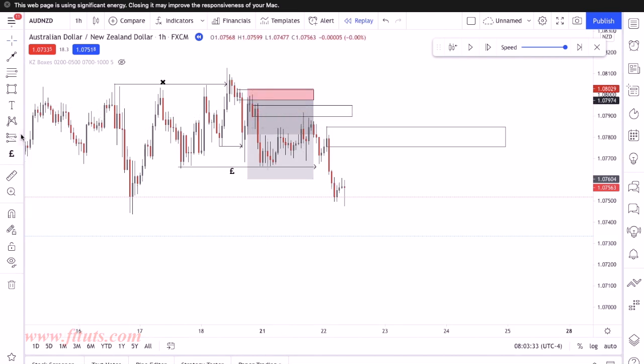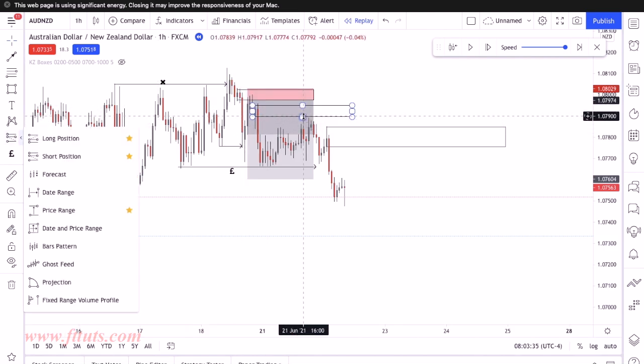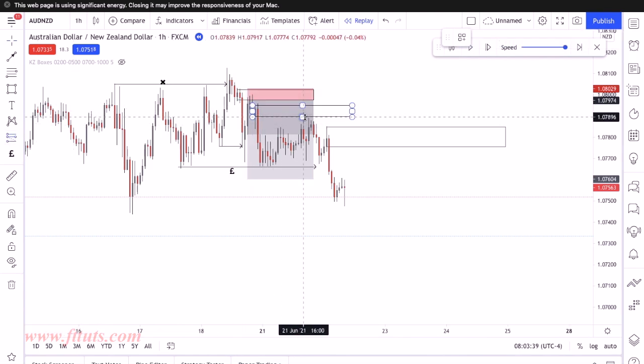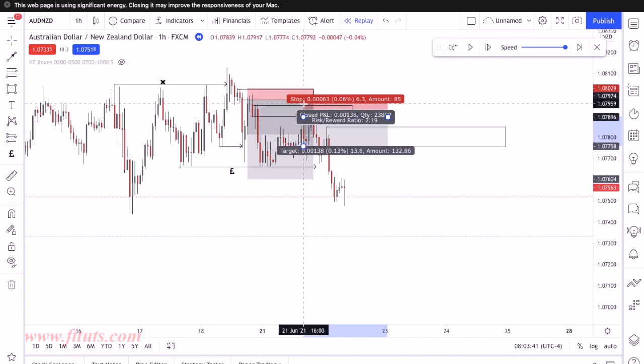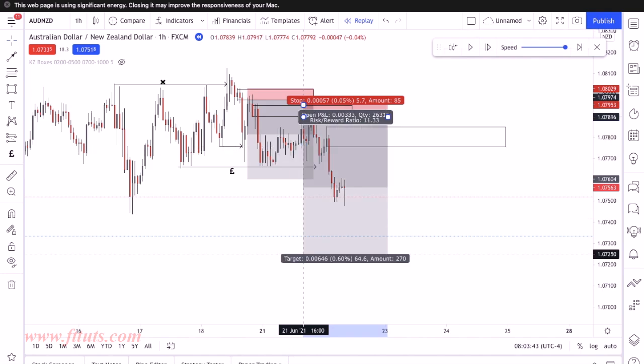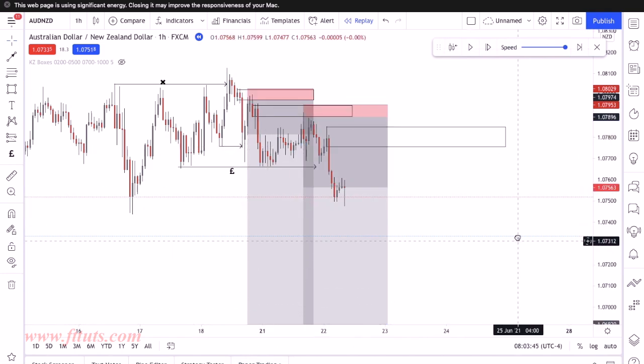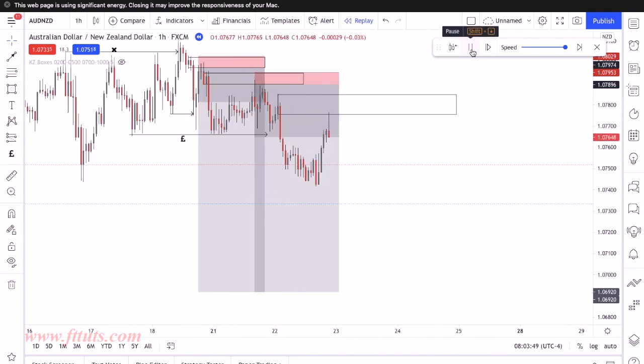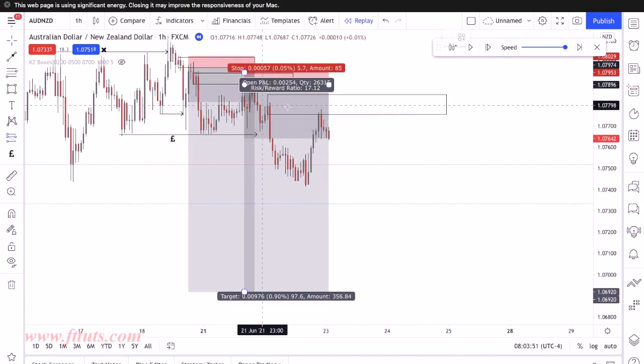Right, so all of these would be areas to re-enter on. That would have been your second entry right over here. Right, and we'll be looking to enter again off that supply right over here.